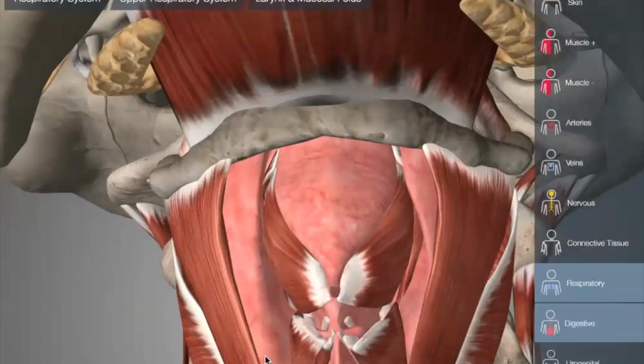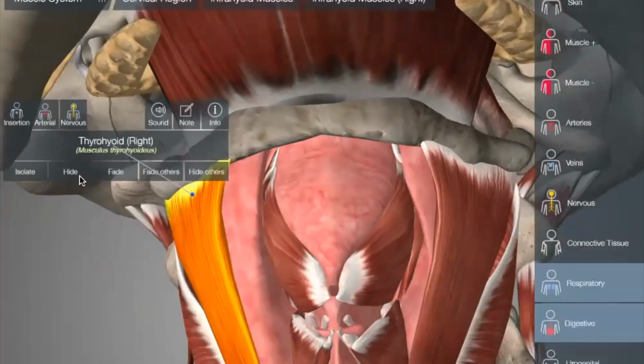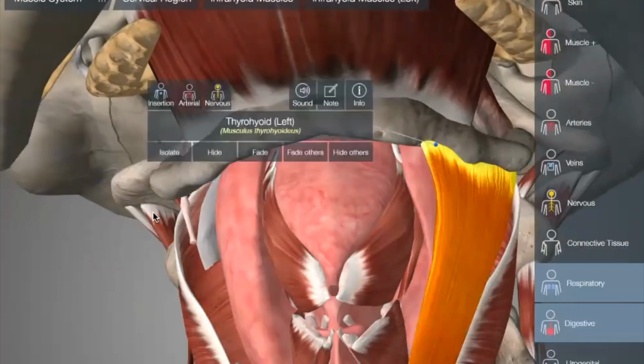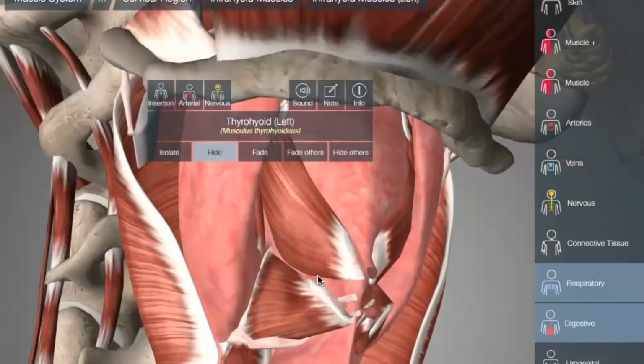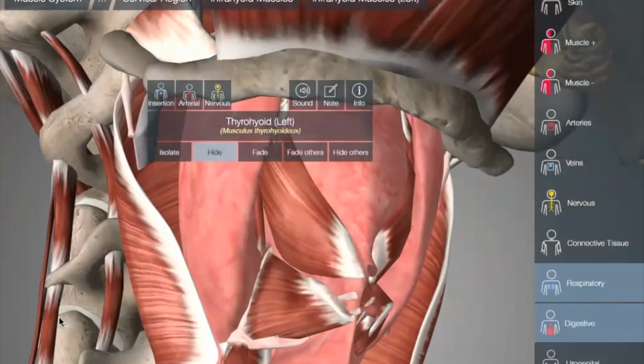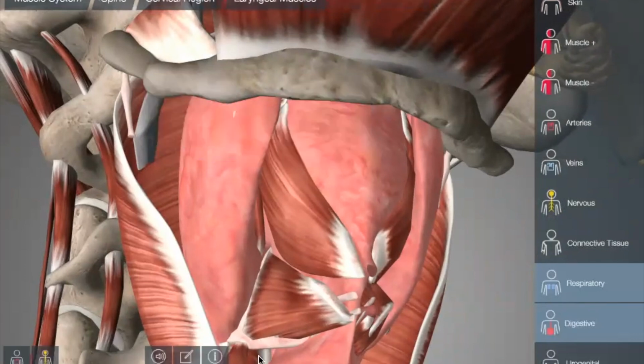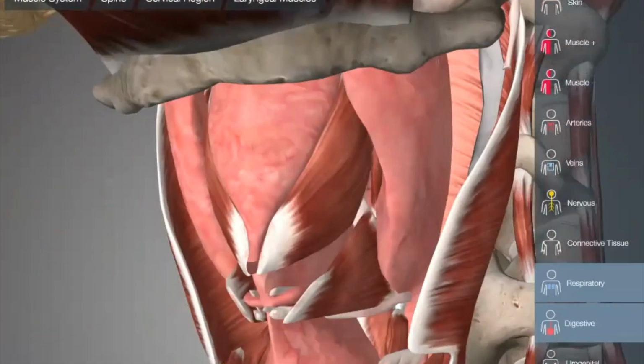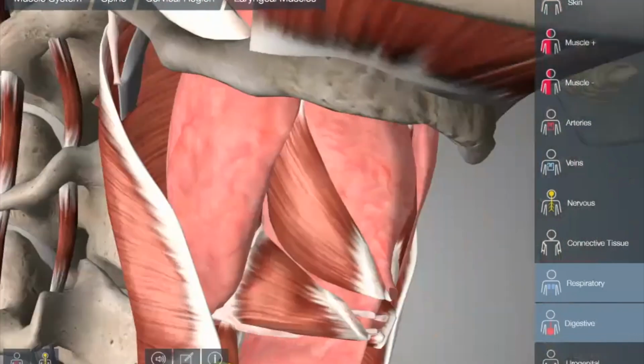This is an extrinsic, we don't need it. Extrinsic, we don't need it. This is what I'm talking about. First, you have the cricothyroid. Cricothyroid, what does it mean? It goes from the cricoid cartilage to the thyroid cartilage.